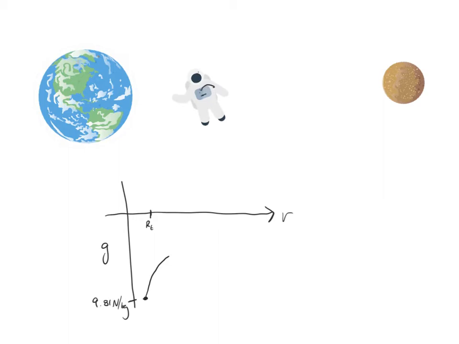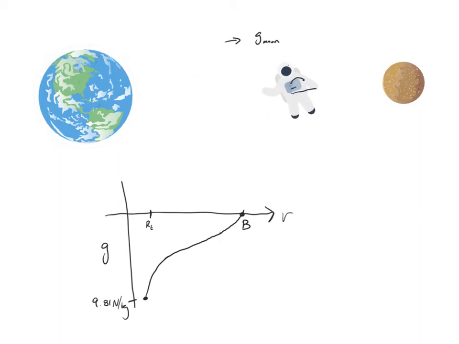But as they're moving closer and closer to the Moon, the gravitational field strength from the Moon will start increasing. Obviously, the Moon is much smaller than the Earth, so the gravitational field strength of the Moon is smaller and has less effect than the Earth would have. But as you get closer and closer to it, the gravitational field strength of the Moon and the Earth will end up cancelling each other at this point, so it will be closer to the Moon.